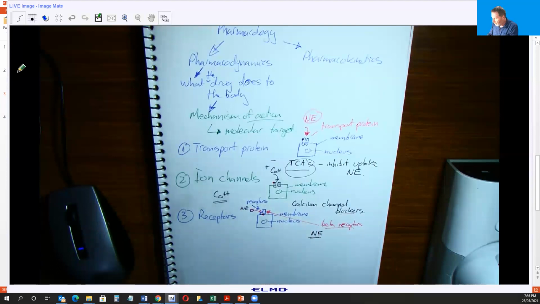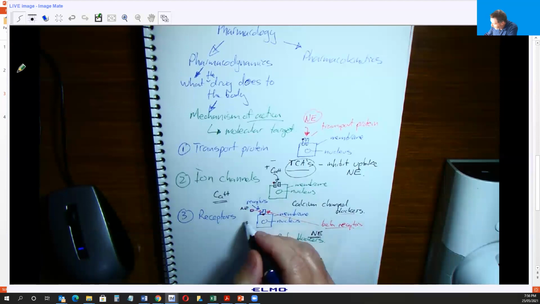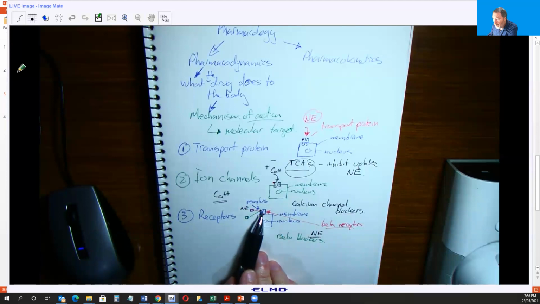However, there is, for example, a class of drugs known as beta blockers. What they do is the drug will come along, so this is a beta blocker drug, and it will take up that spot on the surface of the receptor.